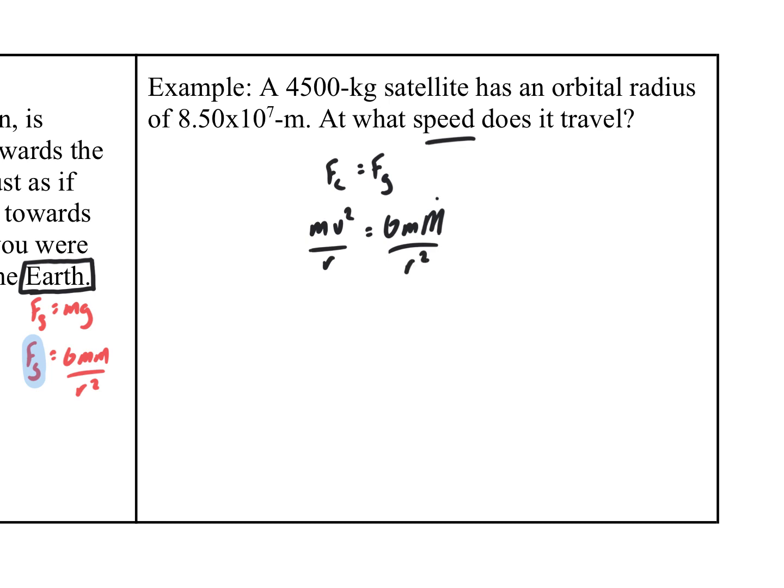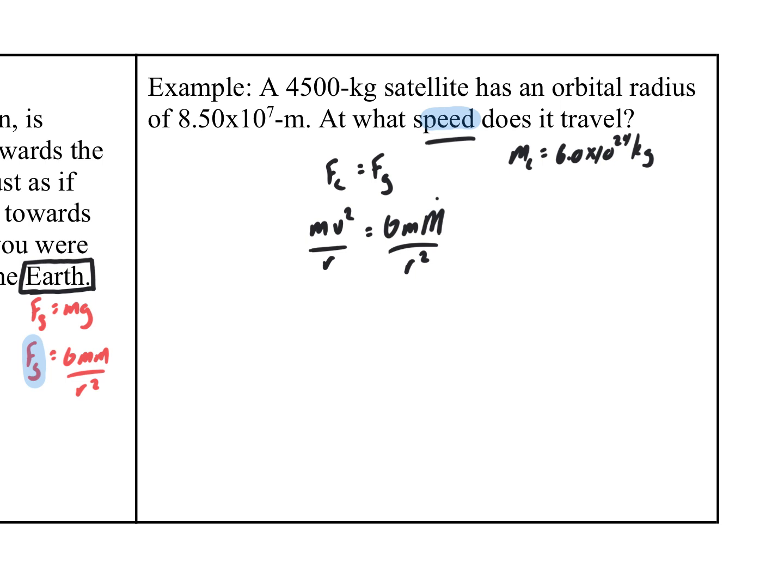We're using this M as the mass of the Earth, and the mass of the Earth happens to be about 6.0 times 10 to the 24th kilograms. And once again, we're looking for the speed that the object is traveling.